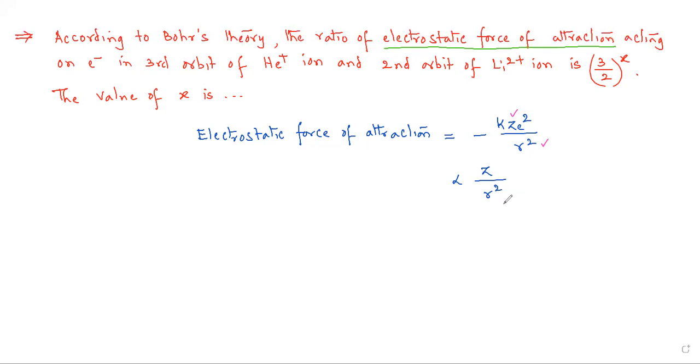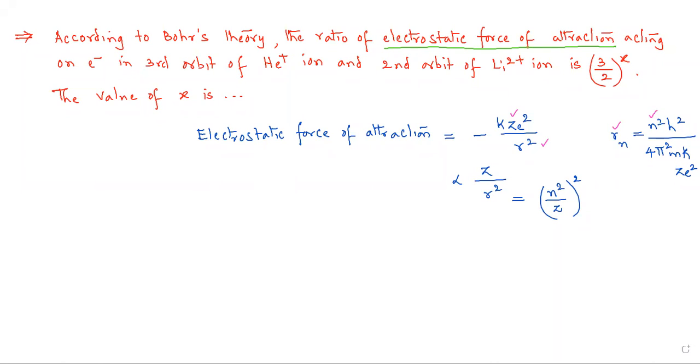Now we know that r is directly proportional to n square by z. So let me write that this can be given as n square by z, whole square, because you know that Rn is equal to n square h square by 4 pi square m k z e square. Look at this.